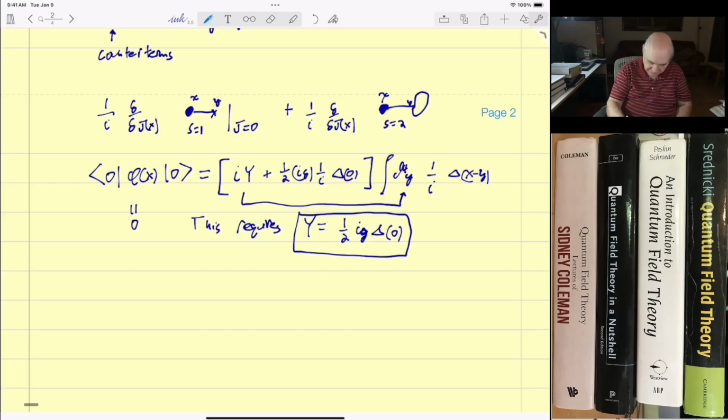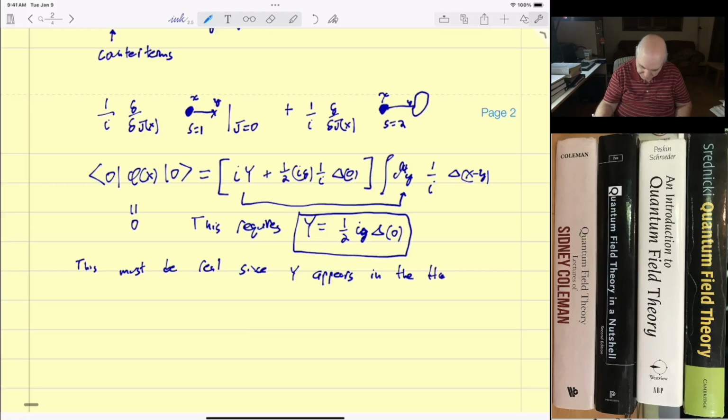And this must be real, since y appears in the Hamiltonian as the coefficient of a Hermitian operator.